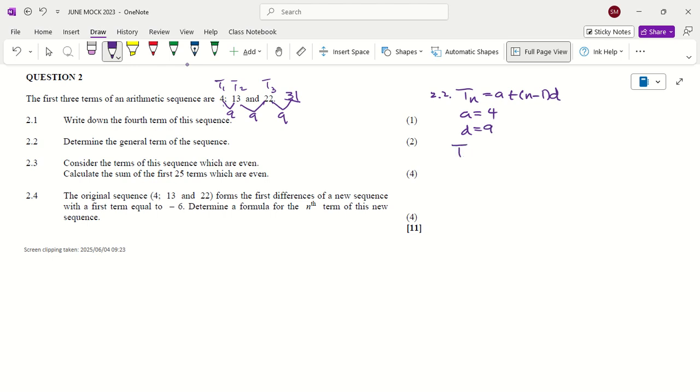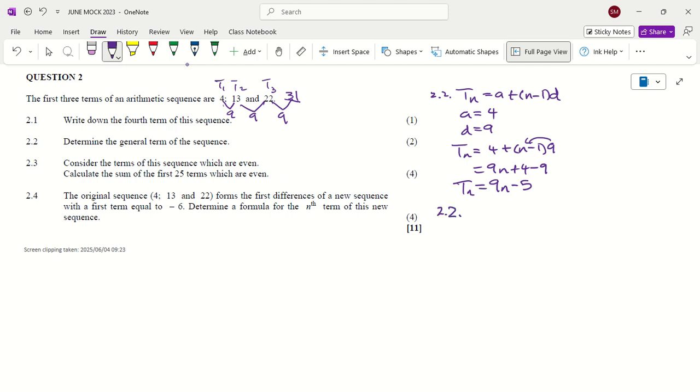So we can say that Tn is equal to 4 plus n minus 1 times 9, right? Okay, sharp. Then n times 9 is 9n, right? And then 9 times negative 1 is negative 9, right? So we'll have plus 4 minus 9. So this is going to be 9n minus 5. Oh, Nina is smart, most. Sharp. So this is our Tn, right? Okay.